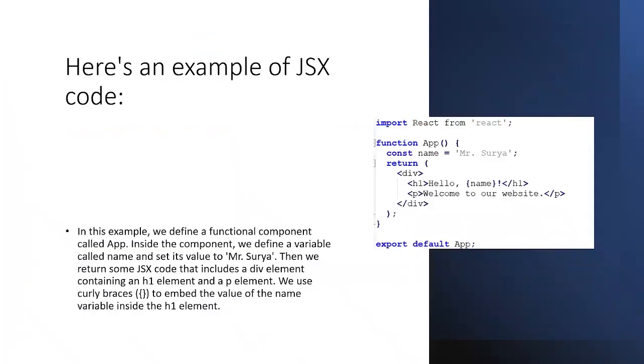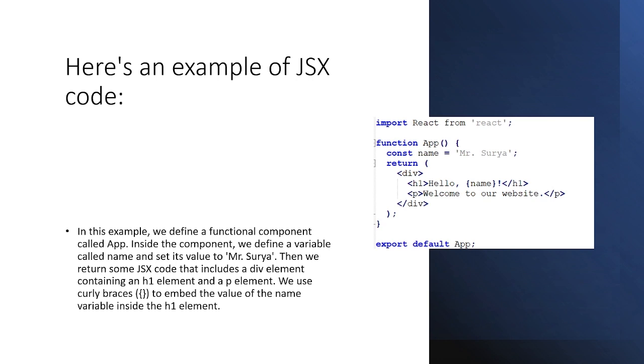This is an example of JSX code. I'll show you in the React code also. First, we have to understand: in React, we have to import React. Then there is a function with the name App. Here I have written one constant, name, and if you see the return statement, it shows a div component.